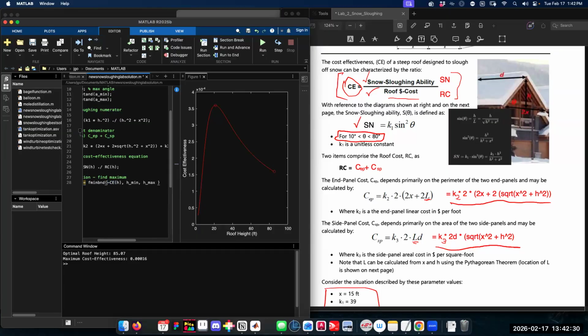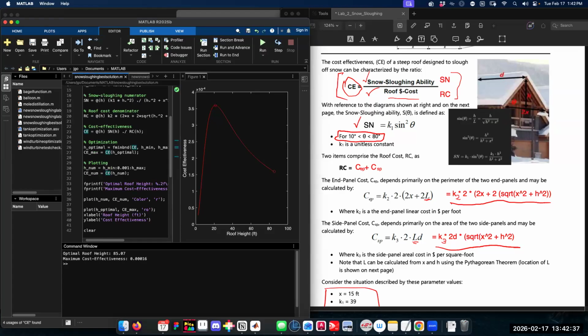Like if I were to just do negative, it wouldn't run. It would have an error with it. But your question was, what if it's not negative? That means I can just plug the function straight in, the CE right here. But then you'd still be finding the minimum. Yeah, so when I run this, I press run, it actually shows it down here. It's saying that at 85, that's the minimum.